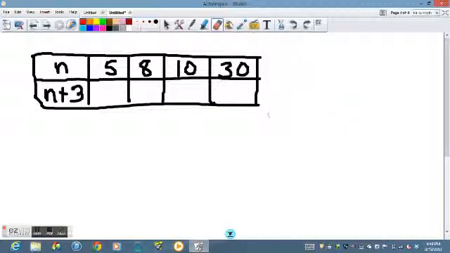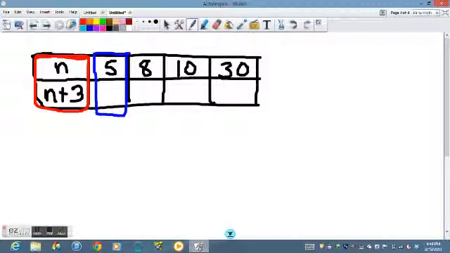So how in the world are we going to do that? Well, we need to look at this part, which is telling us how to figure out what goes in the bottom box.